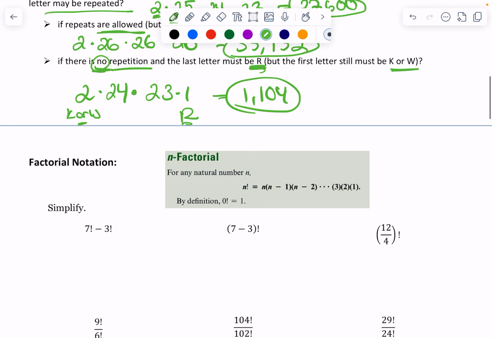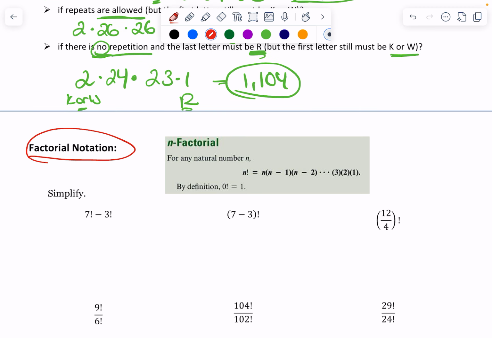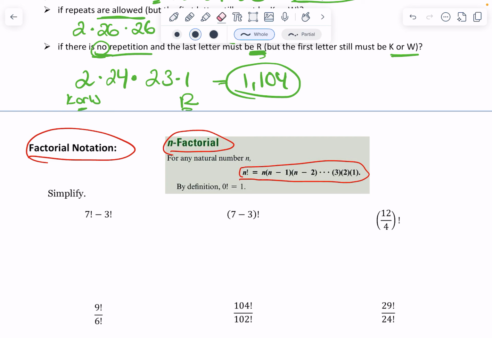Okay, so next we're going to look at factorial notation. For any natural number n, n factorial looks like this. And by definition, 0 factorial equals 1.